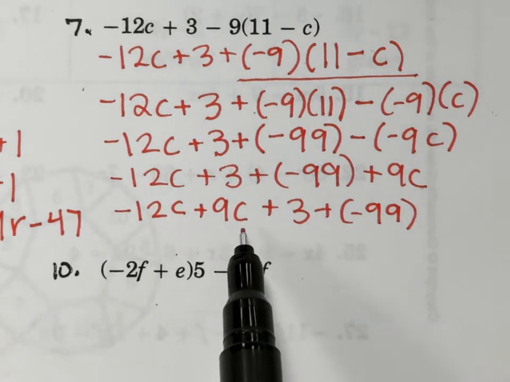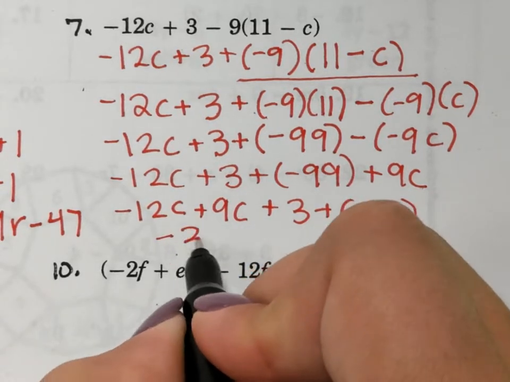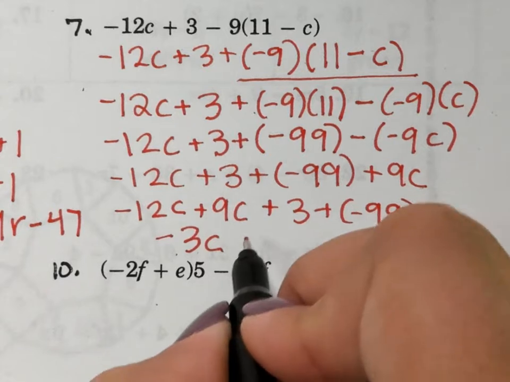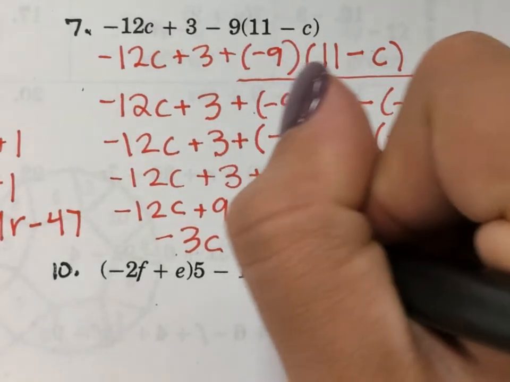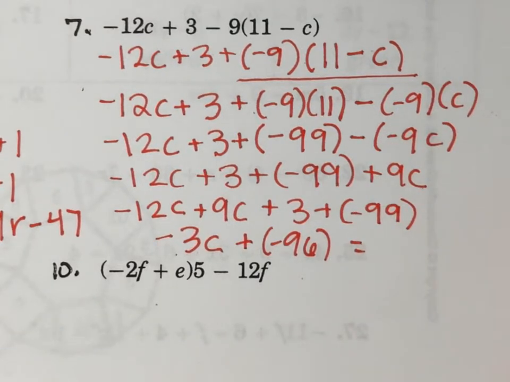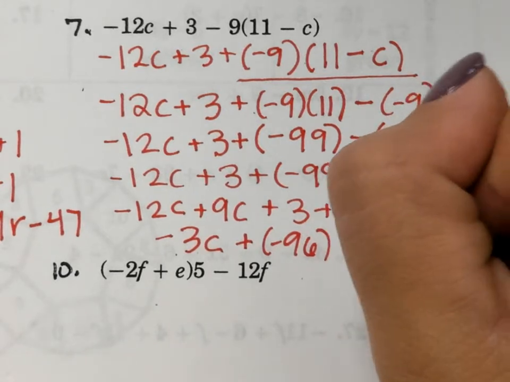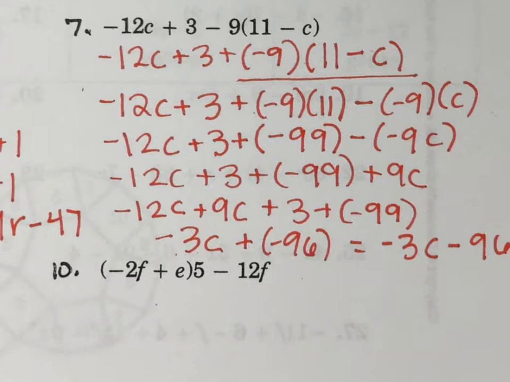So it's negative 12c plus 9c. Negative 3c. Plus, what's 3 plus negative 99? Negative 96. And then to get rid of those parentheses, I can write it as a subtraction problem. So I have negative 3c minus 96. And that's my final answer.